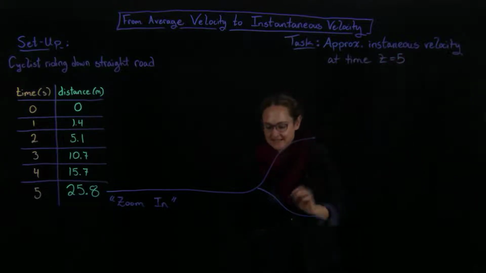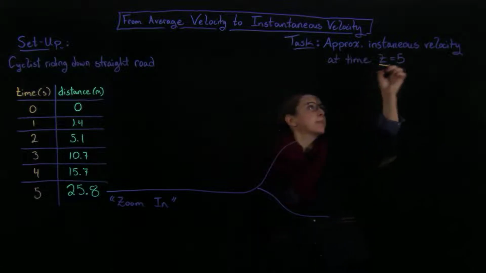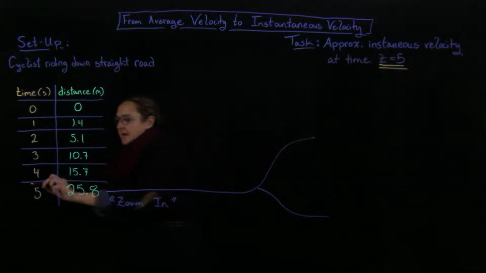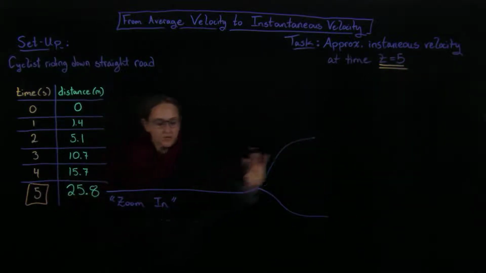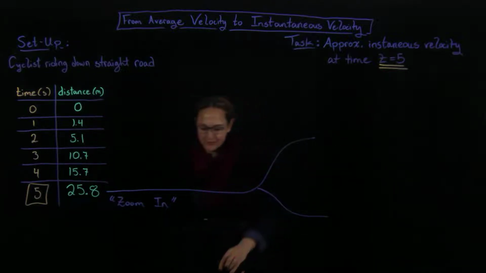So 5 seconds have passed, so this is going to be a value over here, and in particular, it's this value here. Instead of looking at these 1 second intervals, we're going to look at smaller intervals around there.